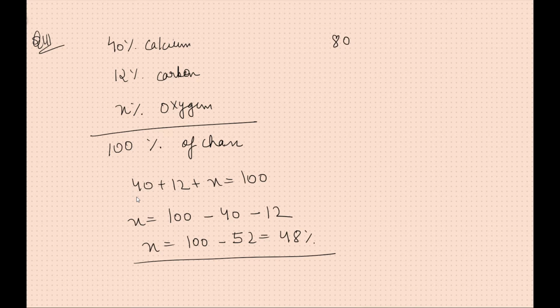So 8,000 grams. First we find out the 48% of 8,000. So 48 upon 100. Okay, so 48 into 80. Do the multiplication.